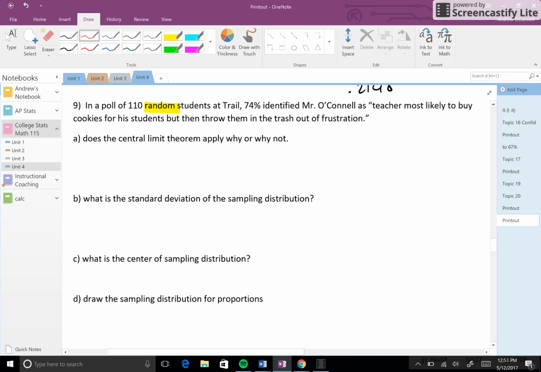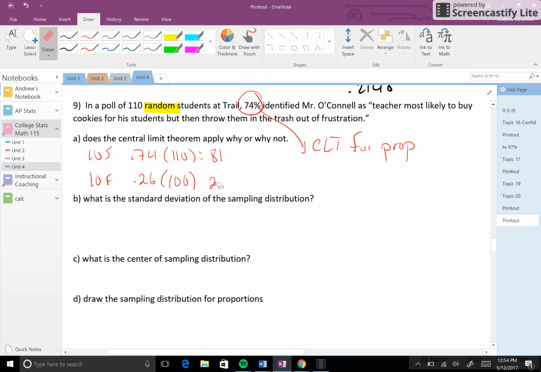First of all, you have to tell yourself that 74%, are you using proportions or are you using means? Hopefully you recognize this is CLT for proportions. So that means you need at least 10 successes and 10 failures, which means 74% times our sample size of 110, that's about 81. And 1 minus 74, which is 26%, times the 110, that's about 28, maybe 29.